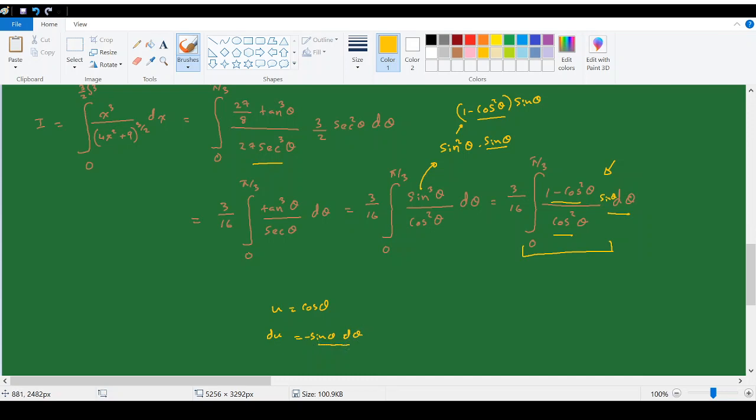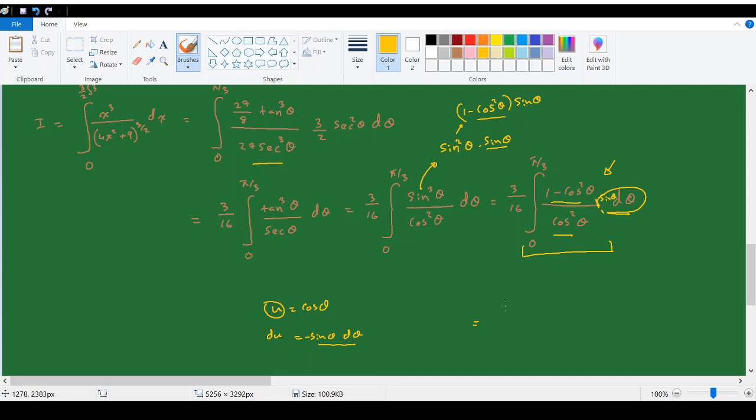See, now the sine theta d theta term appears in the original problem, so that will allow us to use this substitution, and it will simplify all the terms very easily.